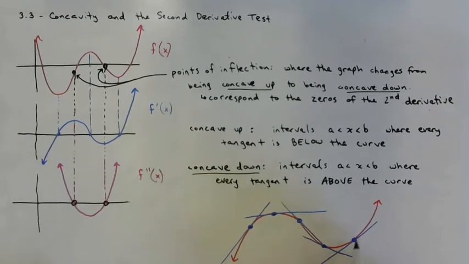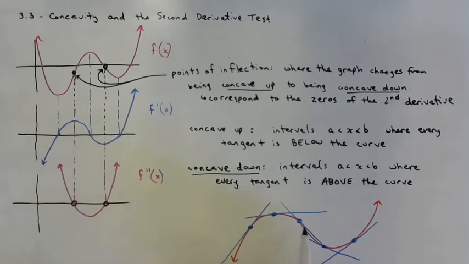Well, we can obviously see that it's concave up and concave down, but if we didn't have a graph of the function, we could still identify the intervals that are concave down and concave up based on the slope of the tangents. Where does it change from being concave down to concave up? Changes right here. Okay? What is that point called?